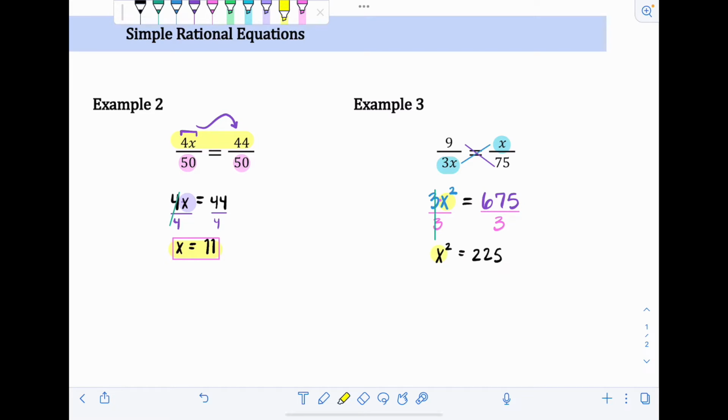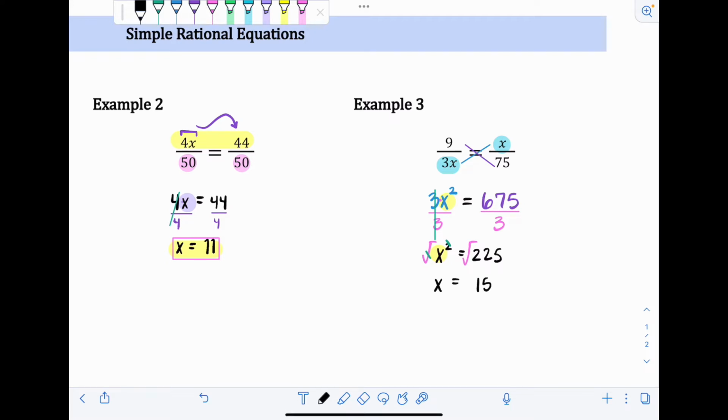Now, still same goal, to get x completely isolated, so I just have to cancel out that power. The inverse operation of squaring something is square rooting. So I would square root both sides, and that would cancel out the power and give me regular old x to the first power. And the square root of 225 is 15.